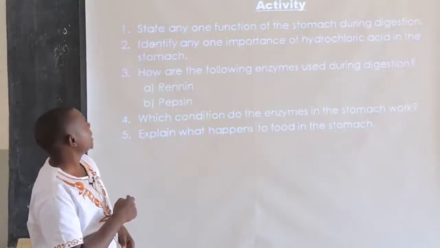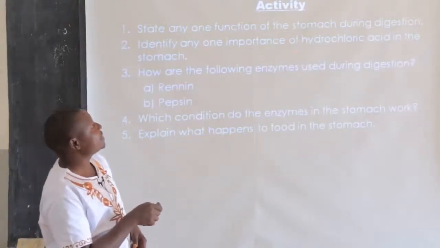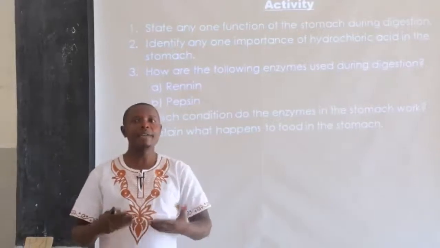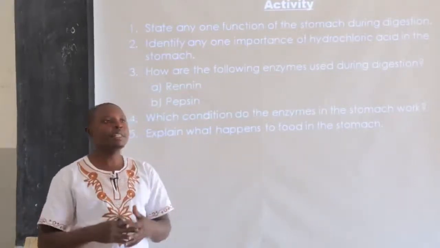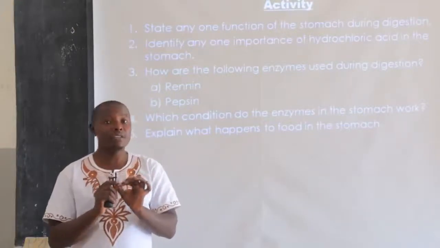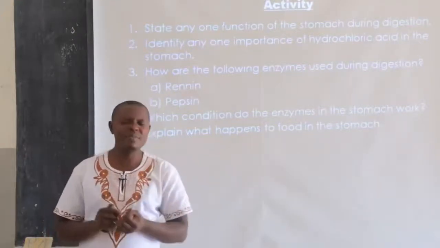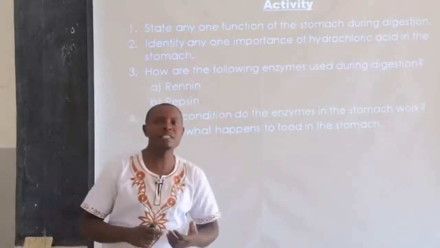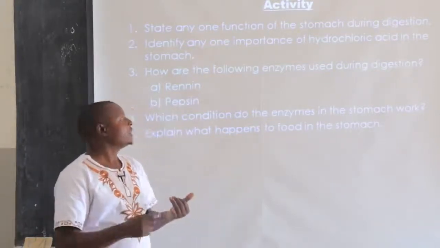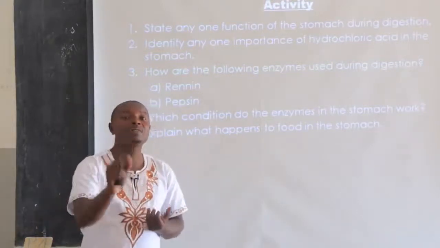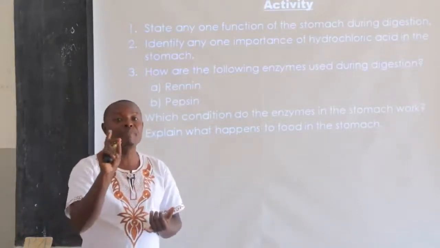Question two: identify any one importance of hydrochloric acid in the stomach. I told you that the stomach contains hydrochloric acid. There are very many functions, but they wanted only one. First, we say that hydrochloric acid activates renin and pepsin.